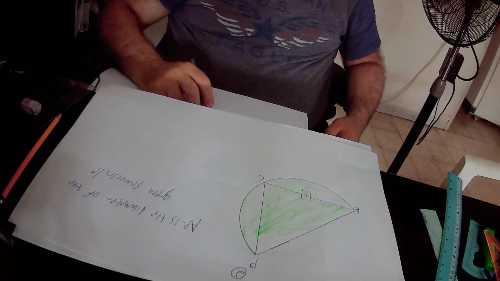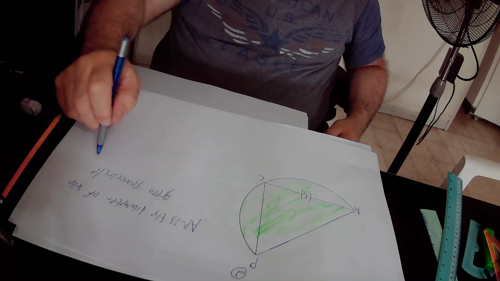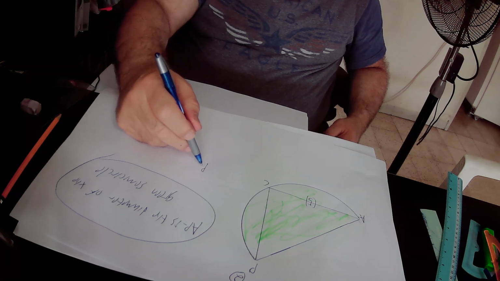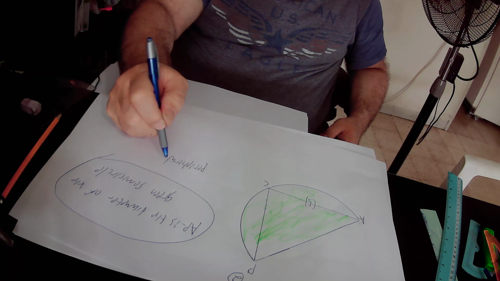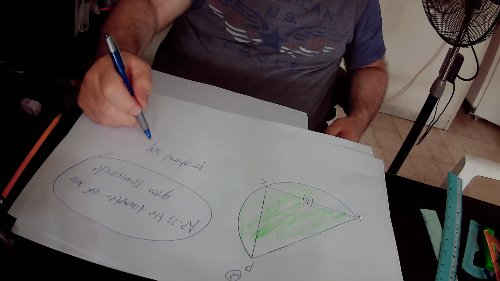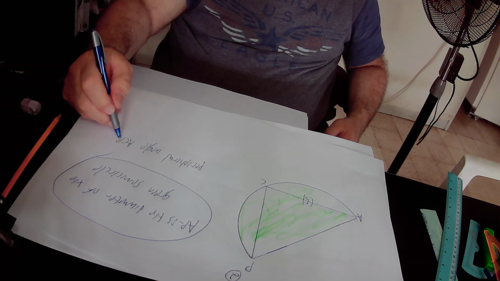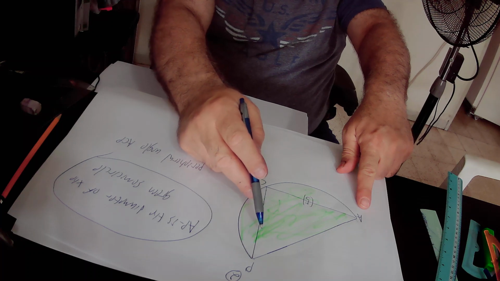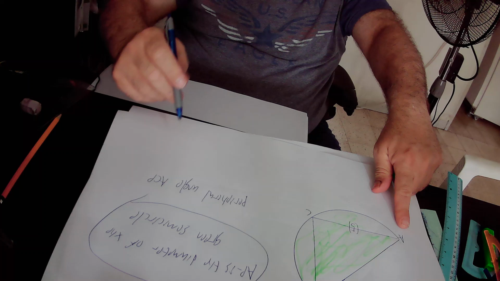And we have peripheral angle ACP, which is subtended on AP, the diameter of this semicircle, therefore it is equal to 90 degrees in its size according to rule 7.